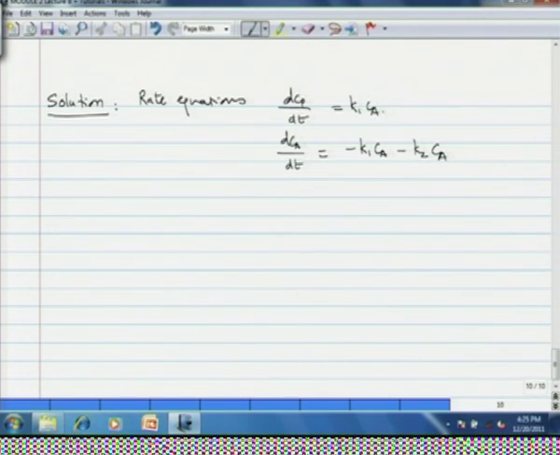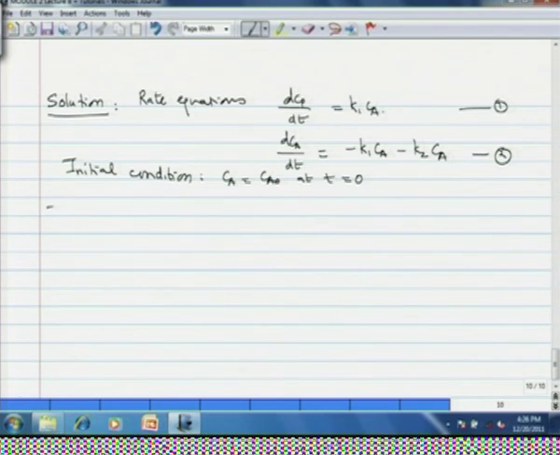So, you have two expressions. The initial condition is Ca equal to Ca naught at t equal to 0.